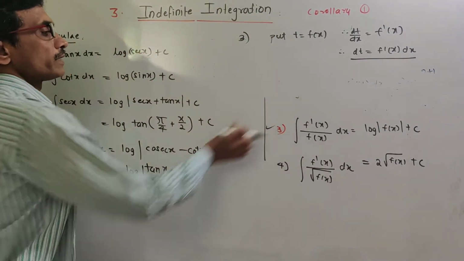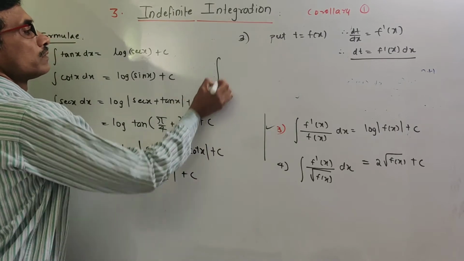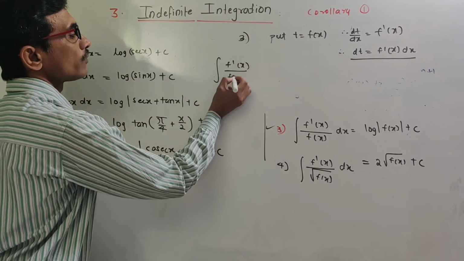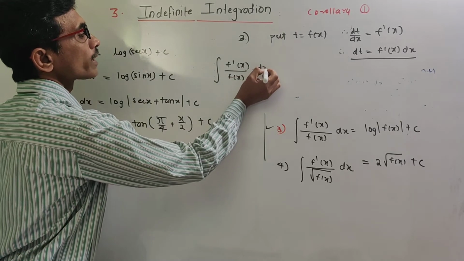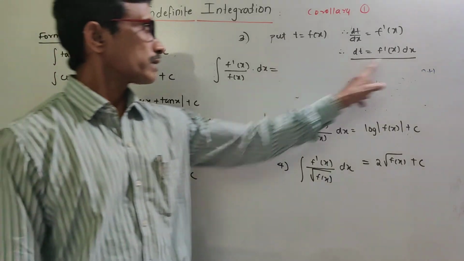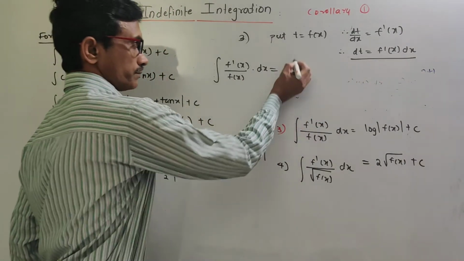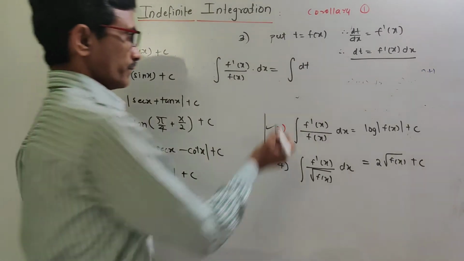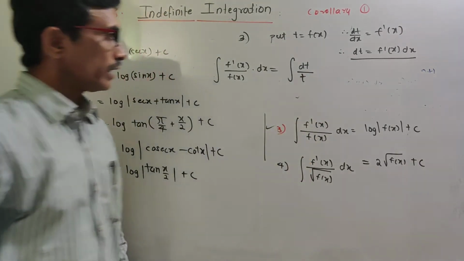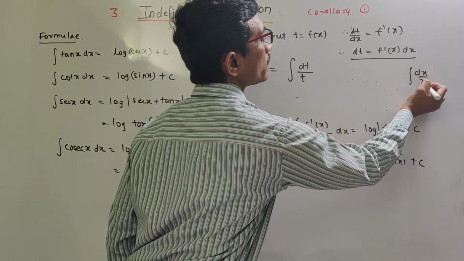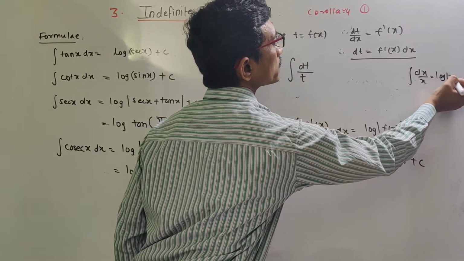Here the left hand side, that is integral I is equal to f dash of x upon f of x into dx, which will be f dash of x dx upon f of x, that is equal to dt upon t. Here dt is f dash of x dx, and f of x is t, and we know the integral dx upon x formula, that is log of x.